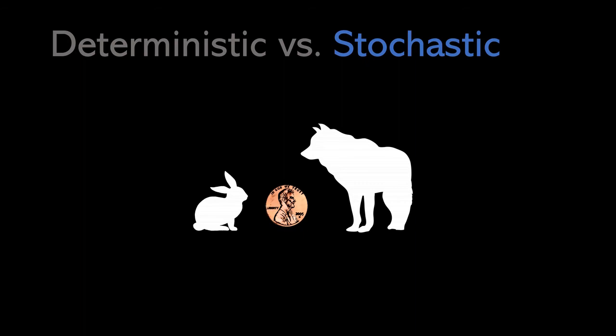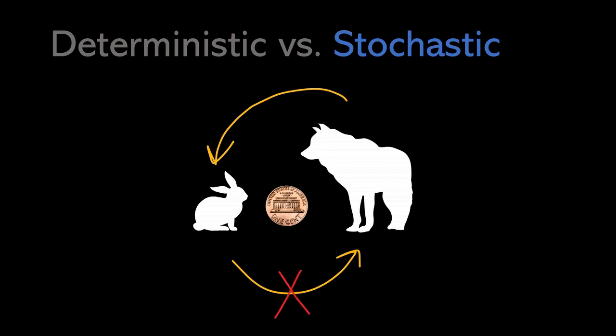So say that every time a wolf encounters a rabbit, you flip a coin to determine whether the wolf is able to consume the rabbit. So let's say you get heads and the rabbit is consumed by the wolf. But let's say instead you flip the coin and you get tails, and the rabbit is not consumed by the wolf, and as a result this will affect how the predator species responds, and it's completely random because it's just governed by something like a coin flip.